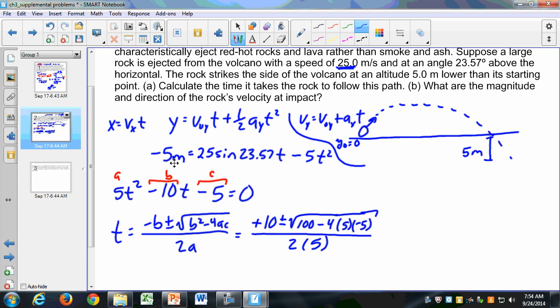I'm not going to try to produce an equation that's factorable. So yeah, I would just use the quadratic equation. All right. So this is 10 plus or minus the square root of 200, over 10.